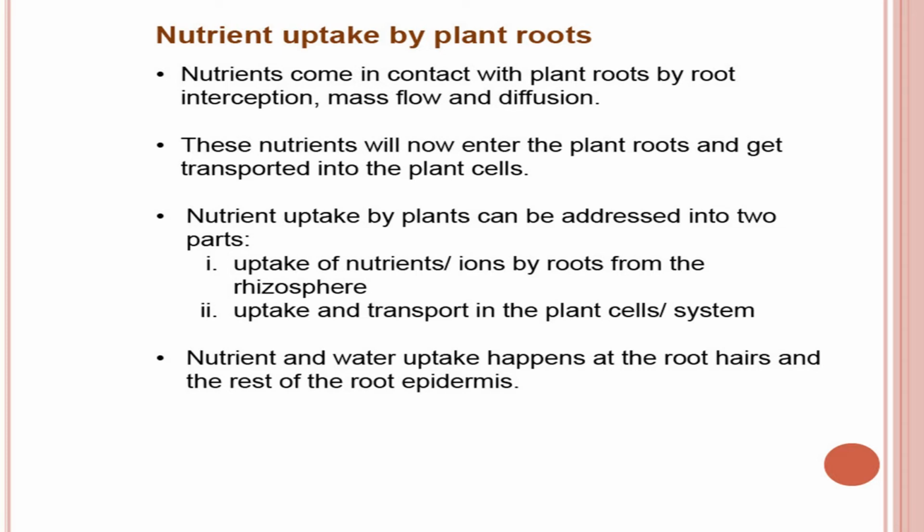Nutrient uptake by plants can be addressed in two parts. One is uptake of nutrients or ions by roots from the rhizosphere, and the other is uptake and transport in the plant cells or the system. Nutrient and water uptake happens at the root hairs and the rest of the root epidermis. These are the zones or regions.